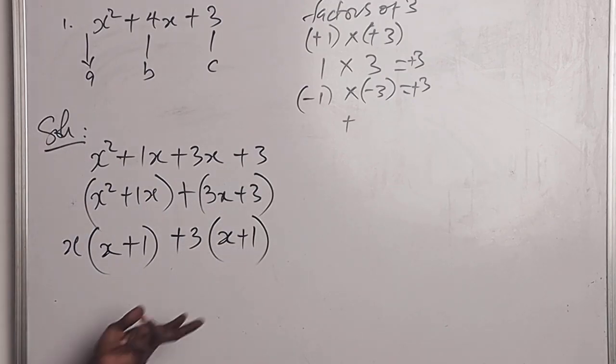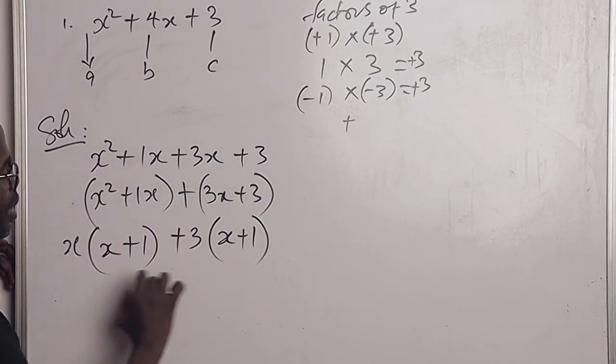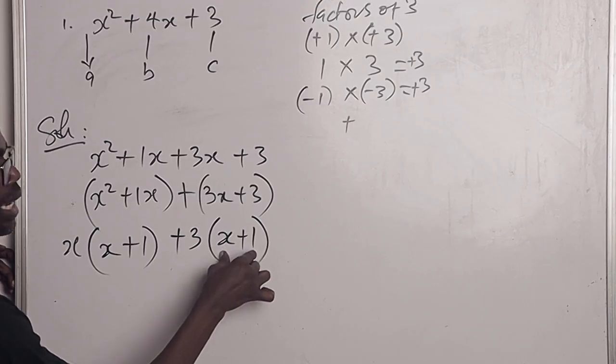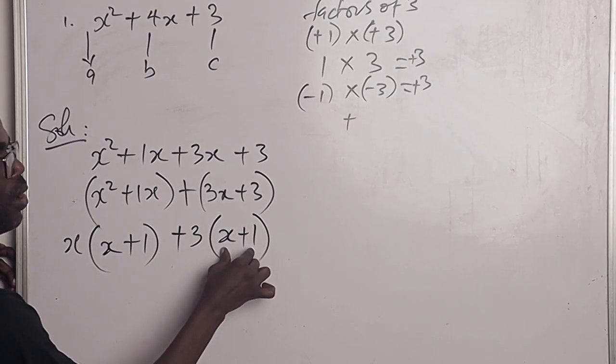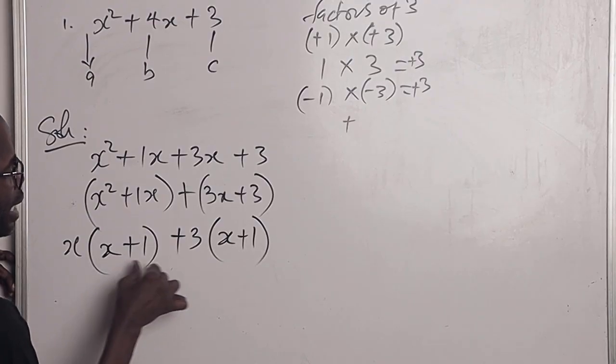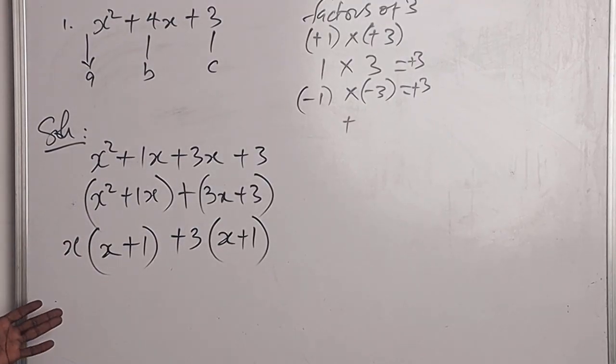So you can see that we are on the right track. Because whenever you are solving this equation, what you will have in your bracket must be all and same. So you have x plus 1 here, x plus 1 here. Good. That's how to check if your work is right.